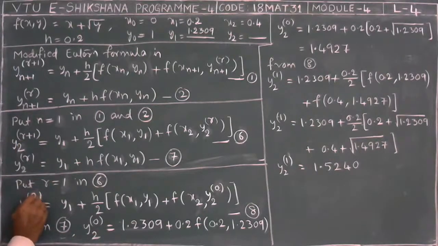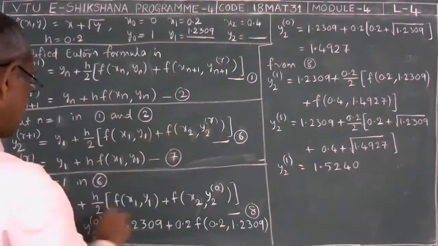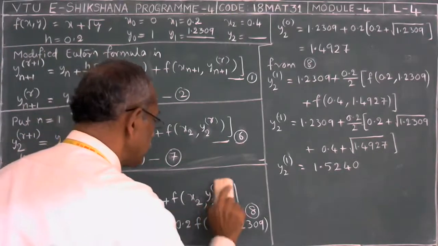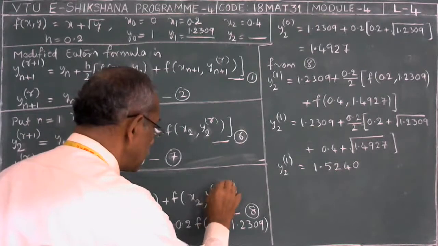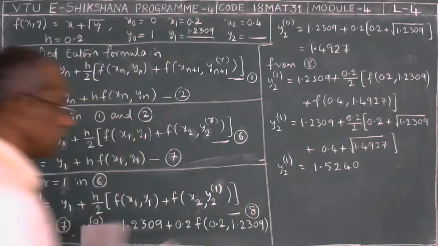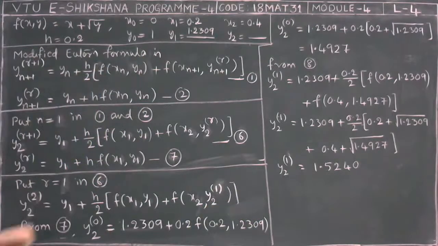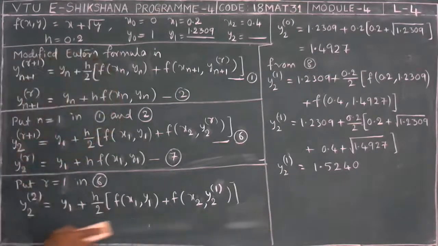Everything will remain the same, so y2 0 will become y2 1. Now let me substitute for x1, x2, y1, y2 1.